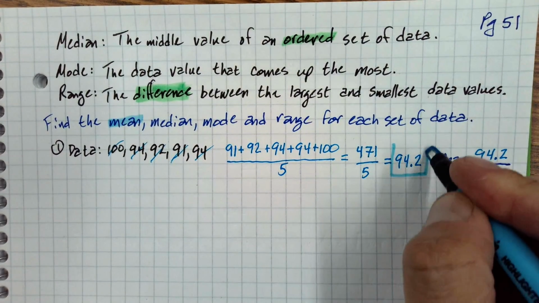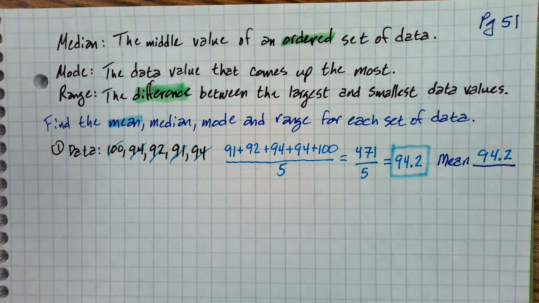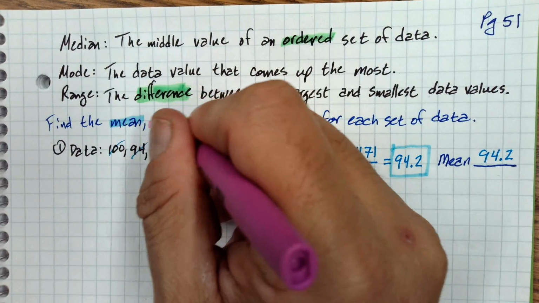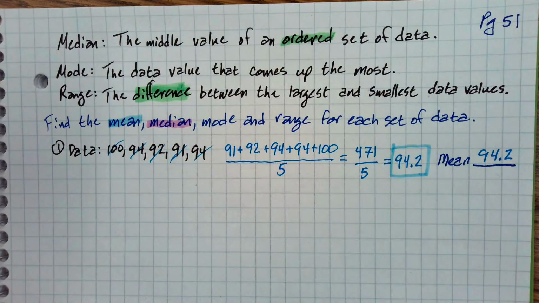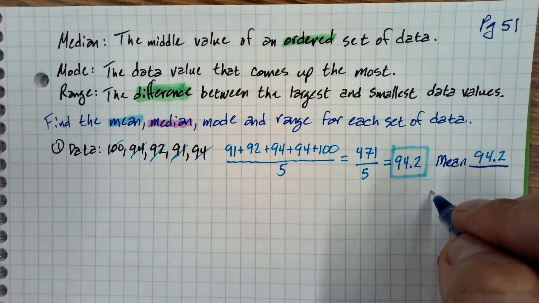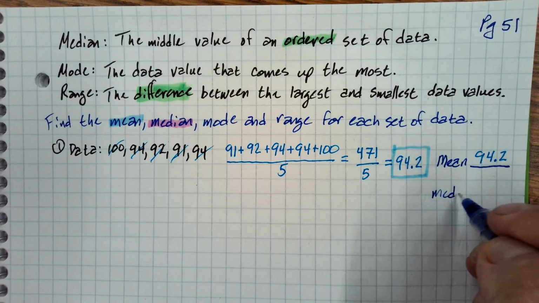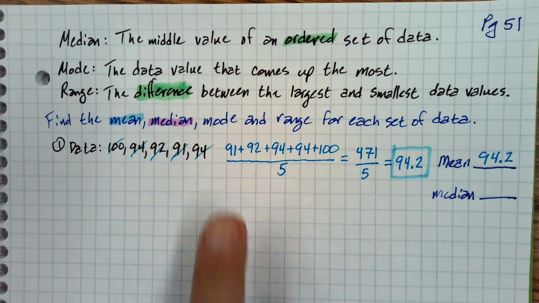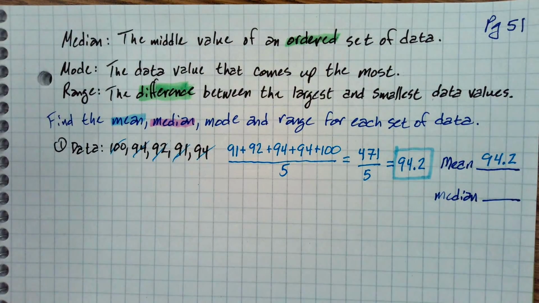Okay. Now, what's the next thing we have to find? We found the mean. Next, we're going to find the median. Okay, the median. So for the median, we did most of the work already, because we already have the numbers in order.